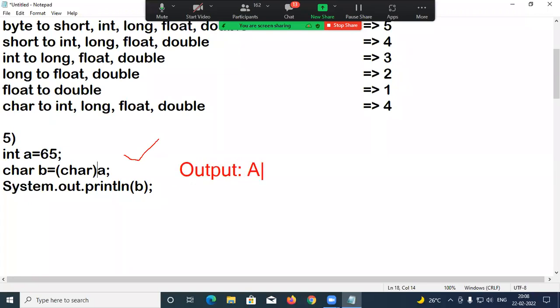Output is capital A, because we are printing character value, char B. So output capital A, because 65 means capital A. Okay, note down this one also, sixth one. It is valid.